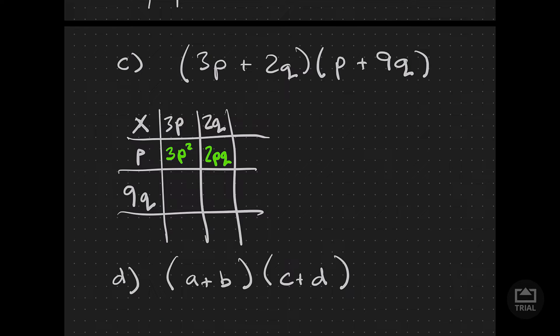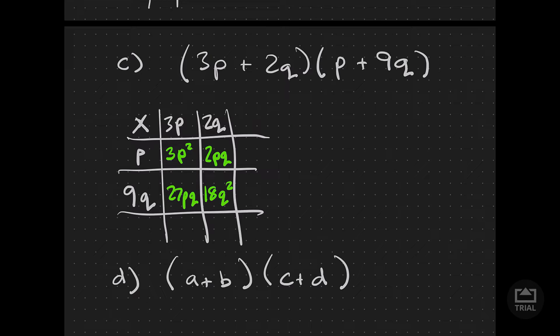The reason I put the p in front of the q is because it's in alphabetical order. 9q times 3p is going to be 9 times 3 is 27, and pq. Keep it in the same order. And now I have 9q times 2q, which is 18q squared.